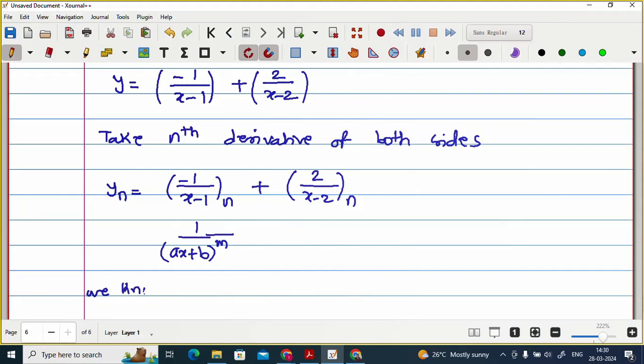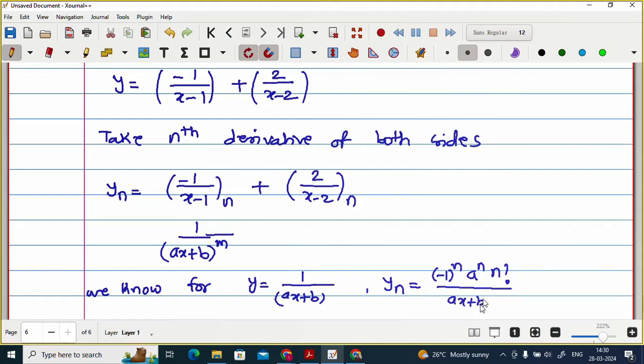We know for y equal to 1 upon ax plus b, means ax plus b power 1, its nth derivative yn is given by minus 1 raised to n into a raised to n into n factorial divided by ax plus b raised to n plus 1.